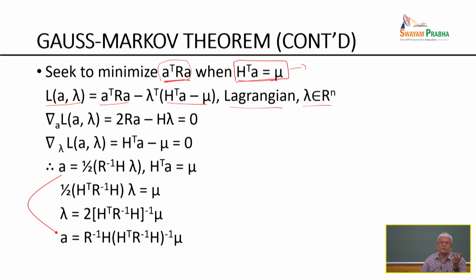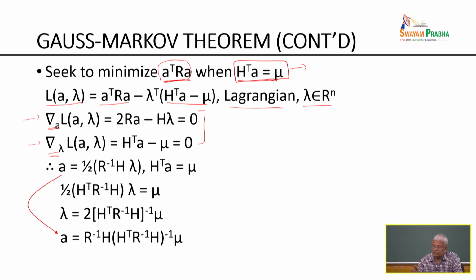Lagrangian multiplier theory tells you that by expanding the space over which the function is defined, I can convert an equality constraint minimization problem to an unconstrained minimization problem. So I have the Lagrangian. I'm going to compute the gradient with respect to A and the gradient with respect to lambda. There are m equations coming here, and there are n equations coming in here. So I'm going to have to solve these two equations simultaneously.